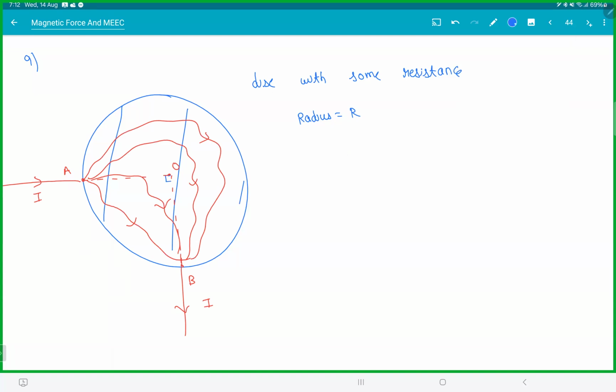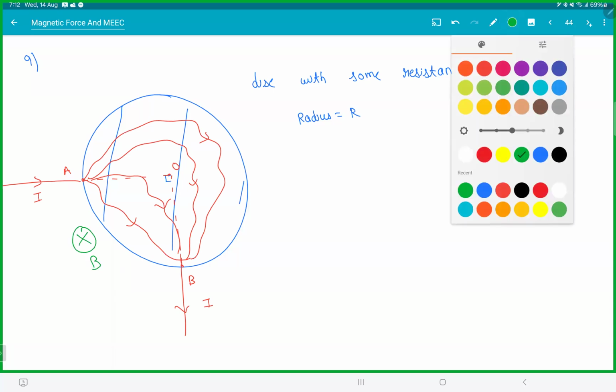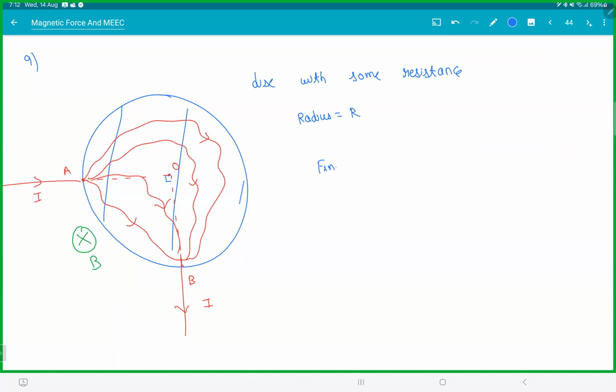And all this is present in a magnetic field. There's a magnetic field B in the region. Find the force on the disk. The current enters at A, spreads out and leaves from B. You can't tell how it is spreading out.